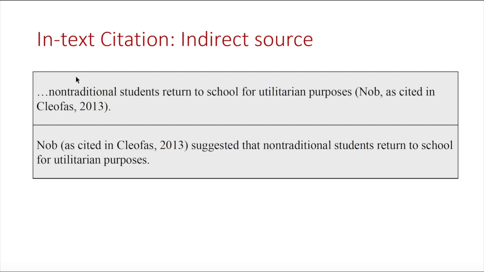We think it's a key piece in our narrative. Unfortunately, the paper that we read is that of Cleophas, and we cannot find the original paper by Nob. So this is how you cite it. So Nob as cited in Cleophas 2013. But as much as possible, we want to avoid this.